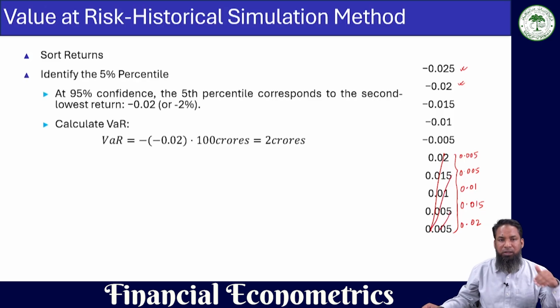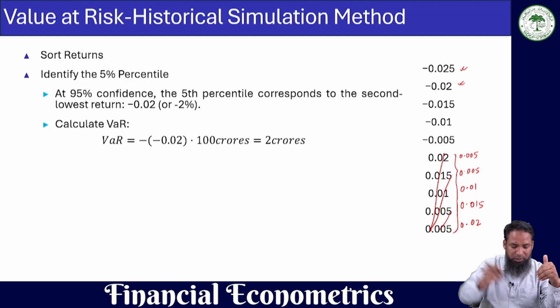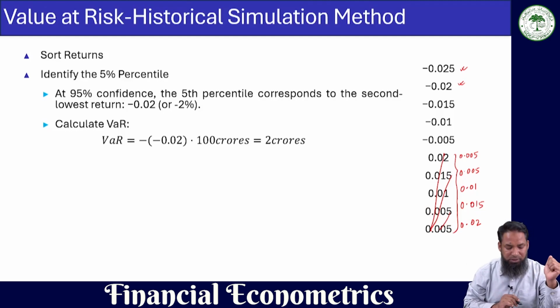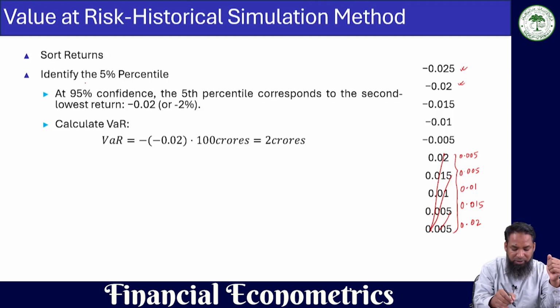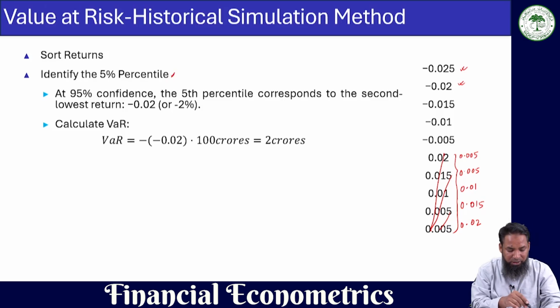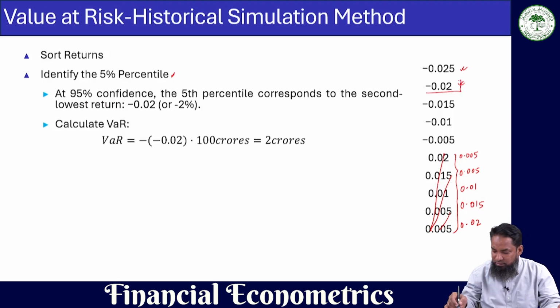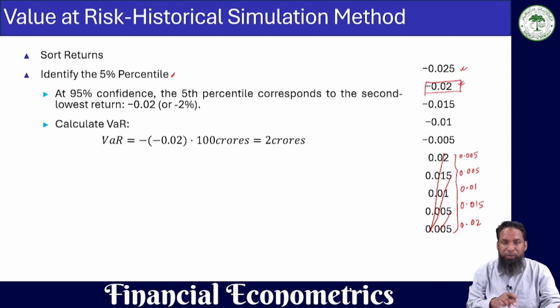Once we sort that, we identify the confidence interval. Since we have 95%, we will be calculating the 5th percentile. At the 95% confidence interval, the 5th percentile corresponds to the second lowest return, which is 0.02, or we can say minus 2%.